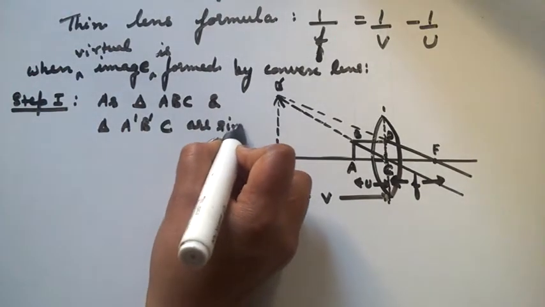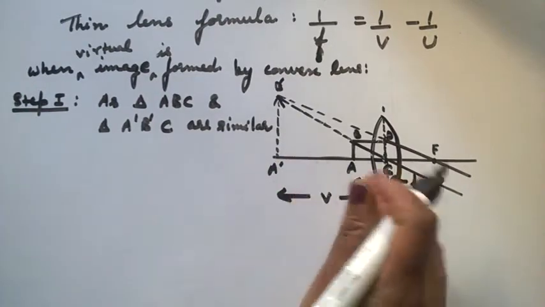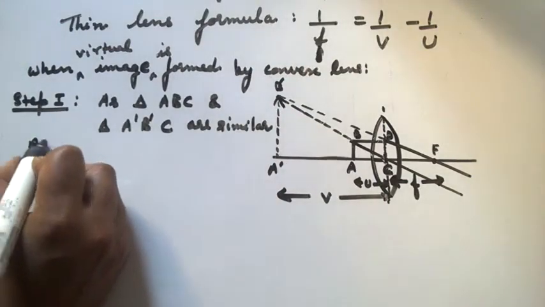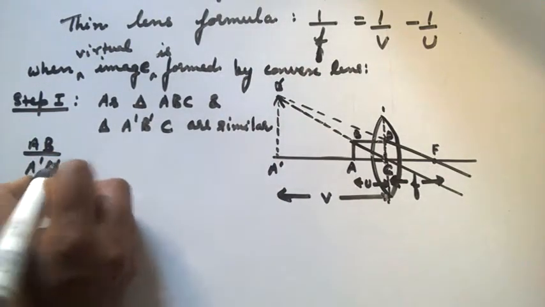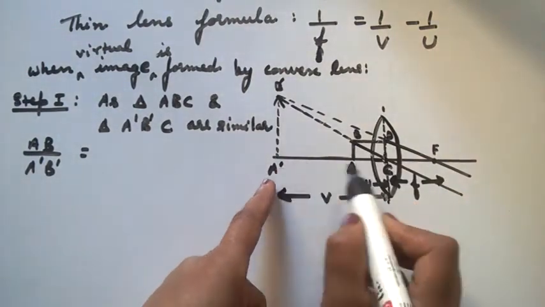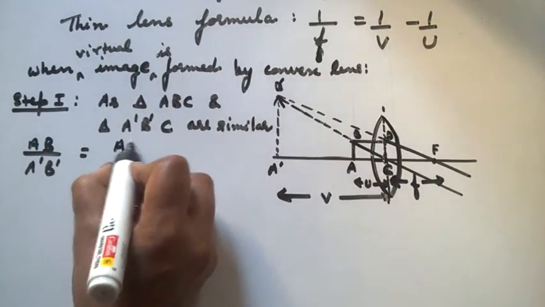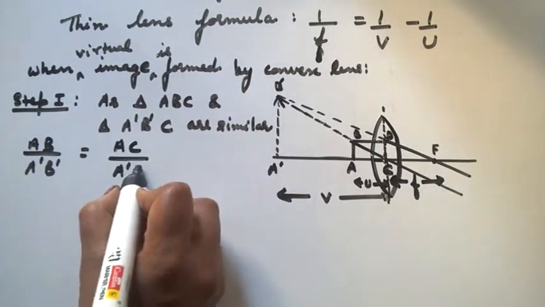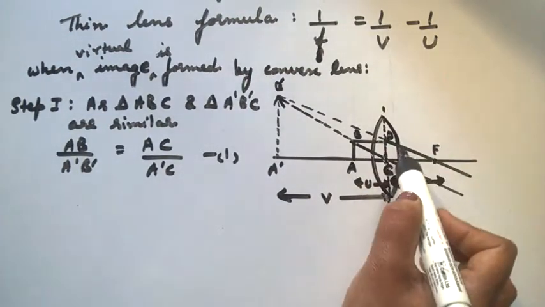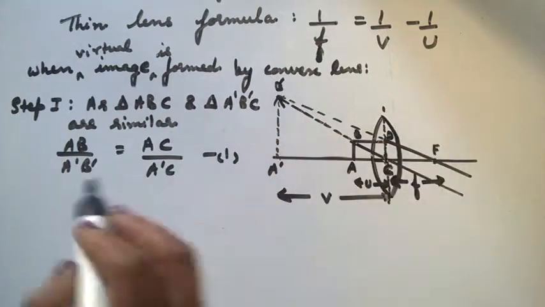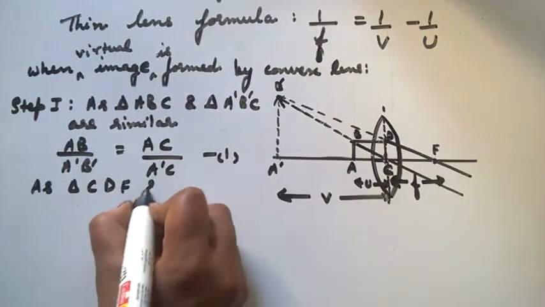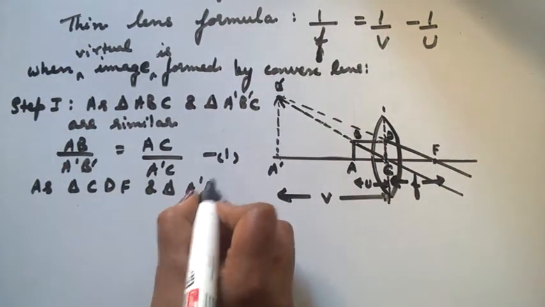So it can be written in terms of proportion: AB upon A dash B dash is equal to AC upon A dash C. Triangle CDF is similar to triangle A dash B dash F. So we can write that triangle CDF and triangle A dash B dash F are similar.